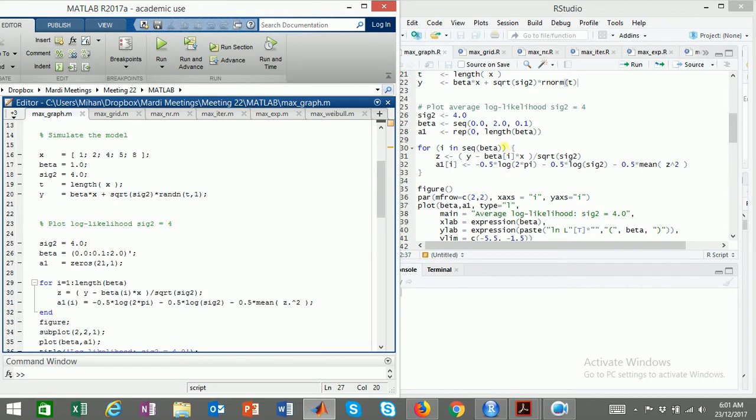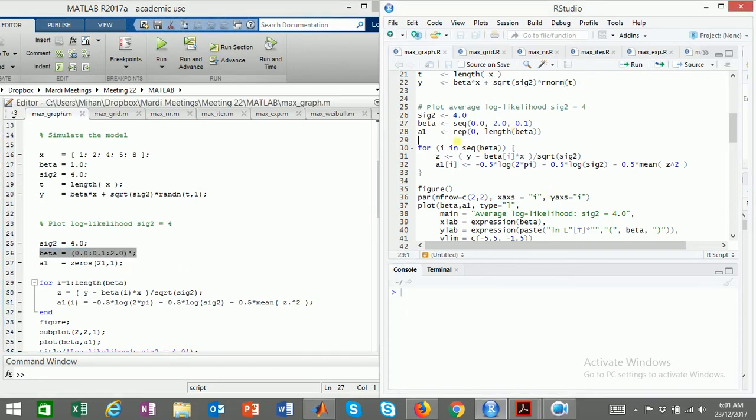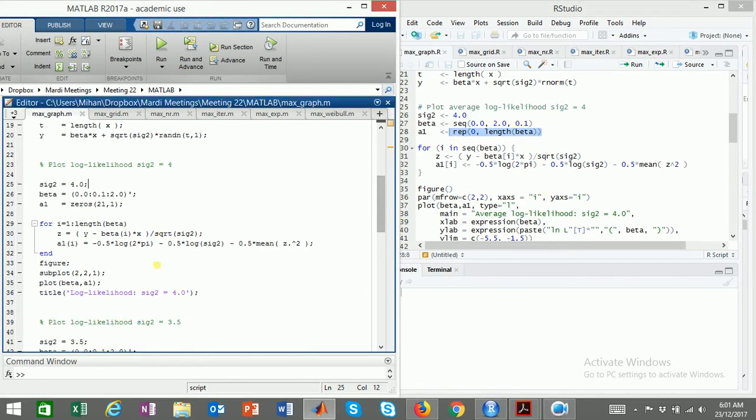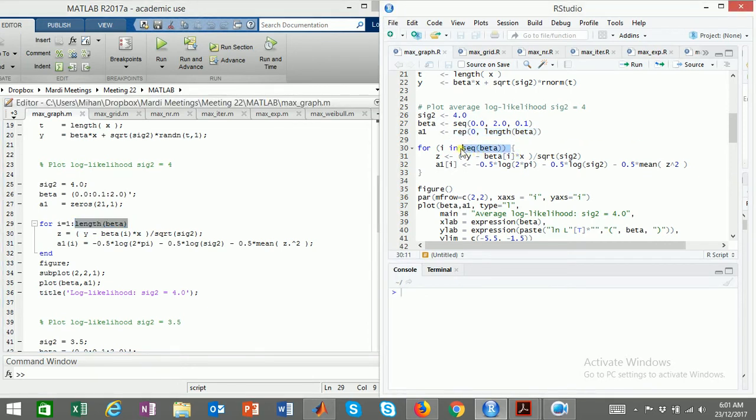Again, we should have used the length of beta, the number of rows in beta, instead of doing 21 by 1. So replicating 0 for the length of beta, and the length of beta is, good job, they fixed it here. The size of beta 1 is the sequence of beta, y minus beta x divided by sigma square.